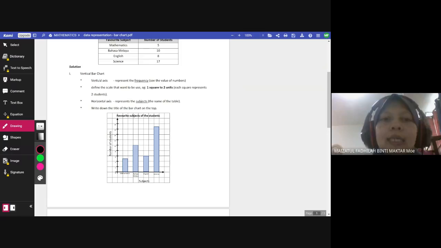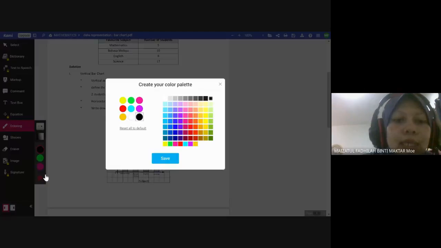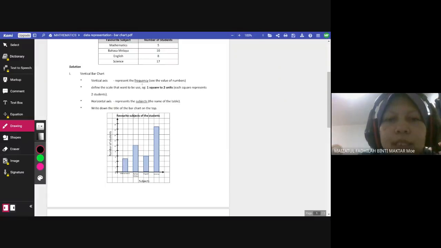The vertical is like this, and the horizontal is straight across. The vertical axis for a vertical bar chart represents the frequency.